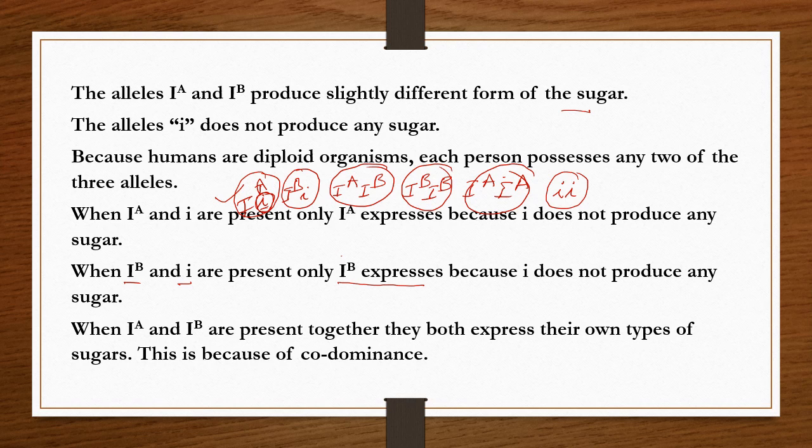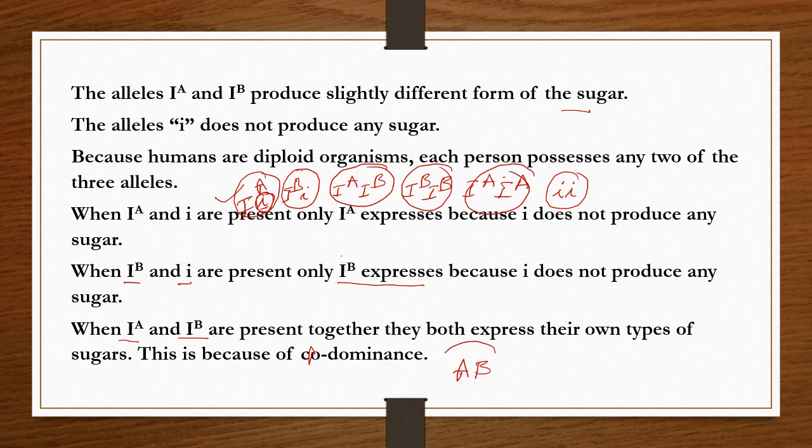Now come to the conclusion. When IA and IB are present together, both have the ability to produce the sugar polymer. That's why IA and IB both express their character, that is the AB blood group.